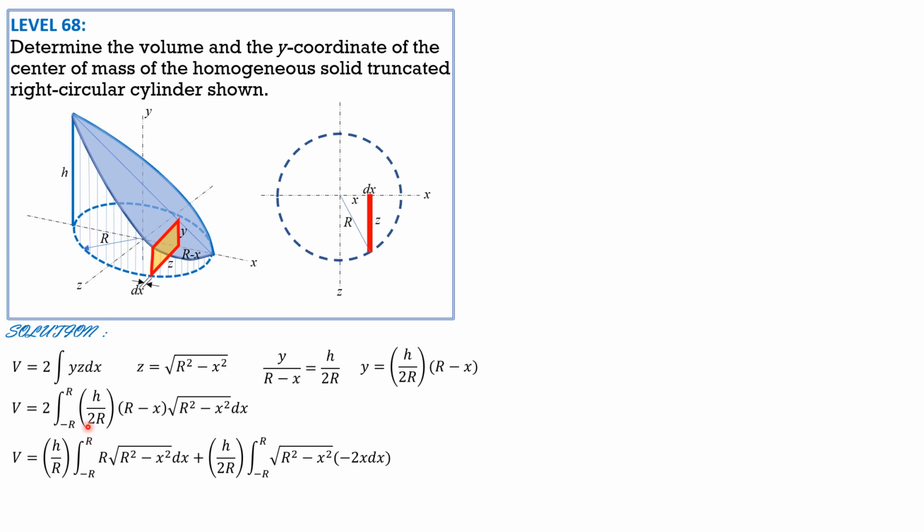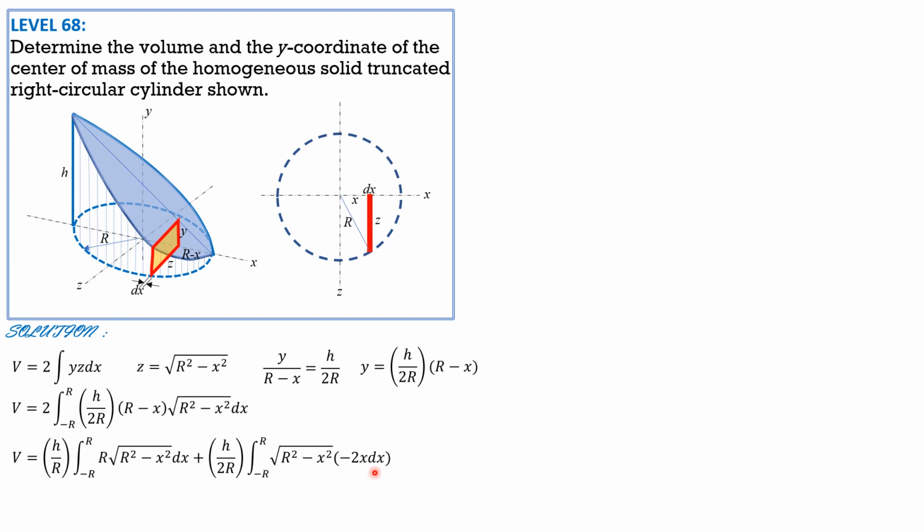It's the same as if we cancel 2 and expand, the second term is negative h over r, negative h over r because we cancel 2, then x, which is this, square root of r squared minus x squared.